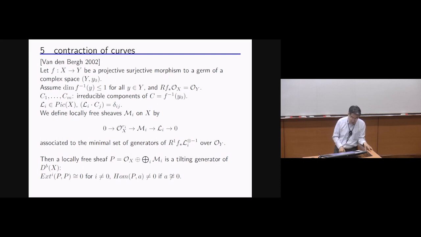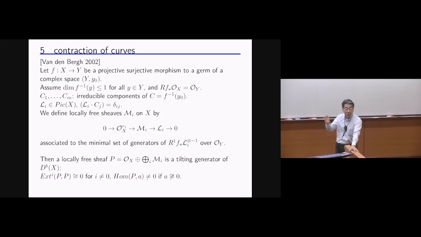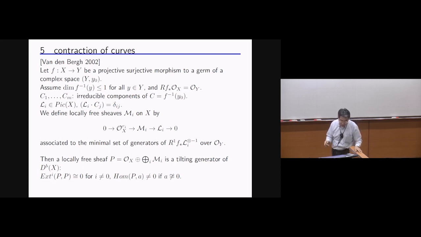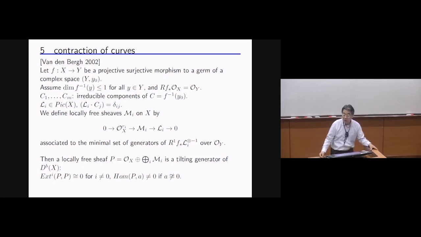And because of the vanishing of the higher direct image sheaf, they all have vanishing higher direct image. So R^1 f_* of Li vanishes. But if you take the inverse of Li, then the higher direct image may not vanish.